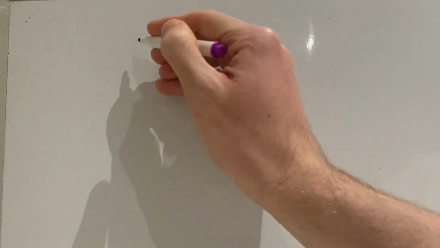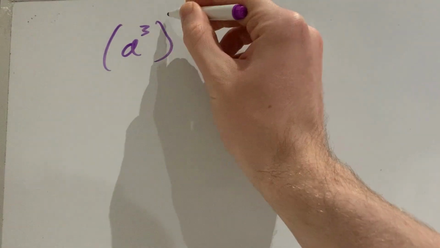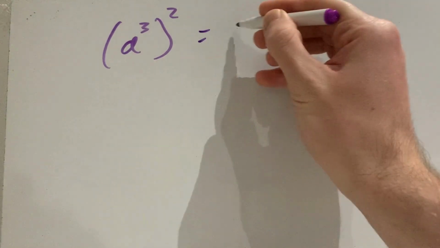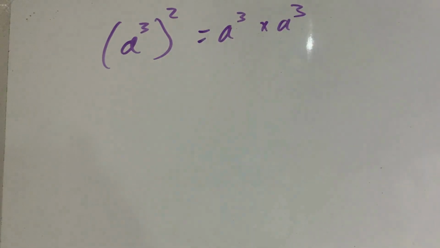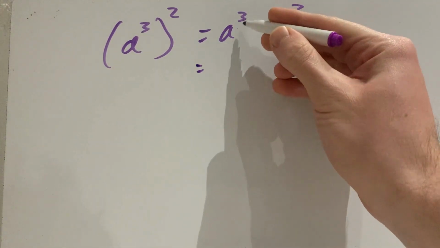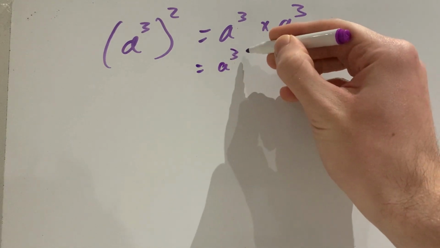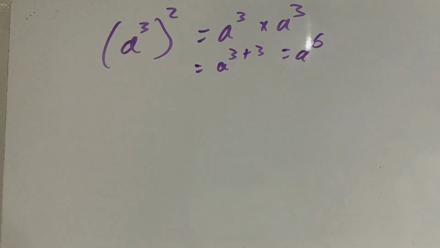Okay, now let's imagine I asked you to do a cubed all squared. Okay? So what you want to do is a cubed times a cubed, because that's all we're doing when we square something. And then from what we just did, we know that that's a to the 3 plus 3, which is a to the 6.